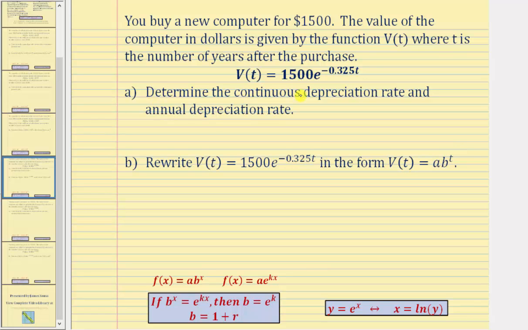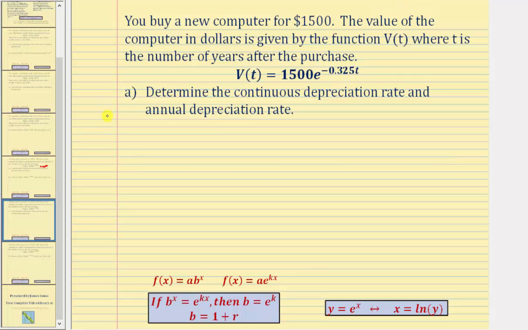So the first thing to recognize here is that the given exponential function is in the form of a times e raised to the power of kt. So by determining the value of k, we can determine the continuous depreciation rate. So notice here, k is equal to negative 0.325. As a percentage, k would be equal to negative 32.5%.